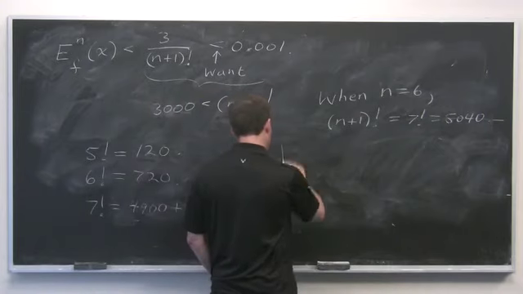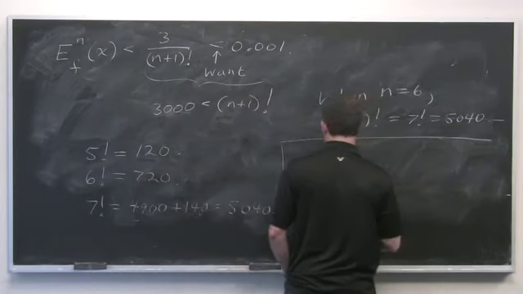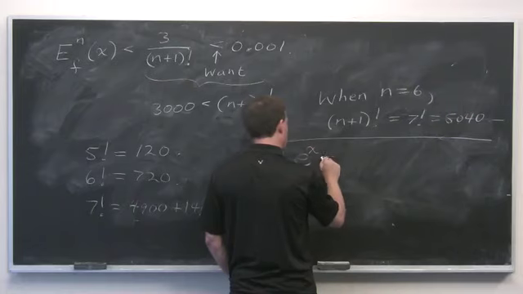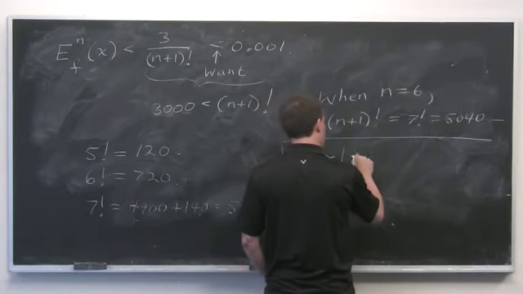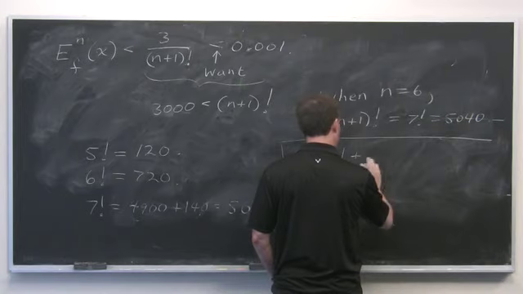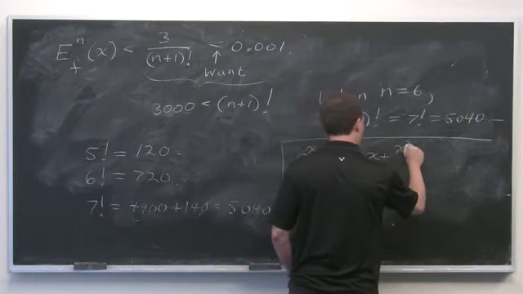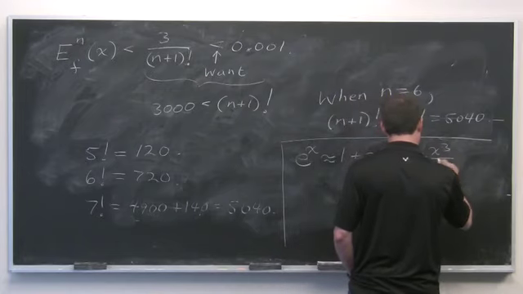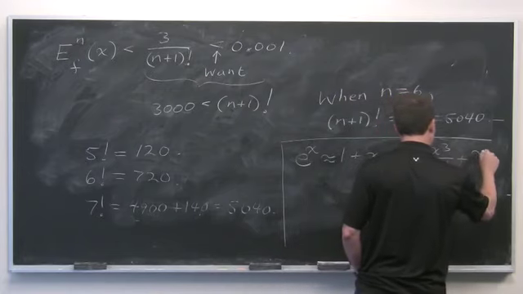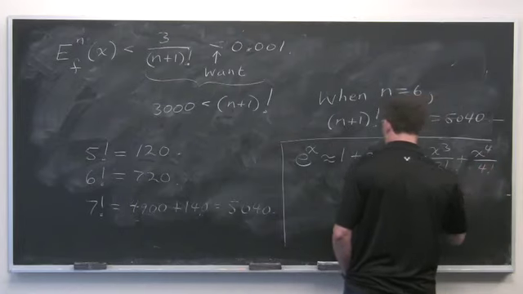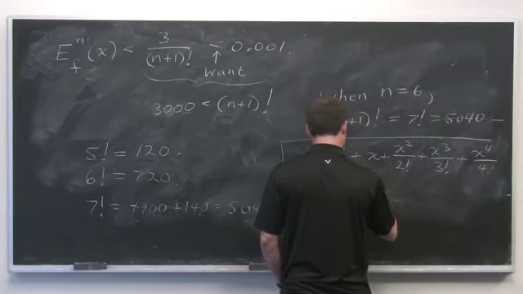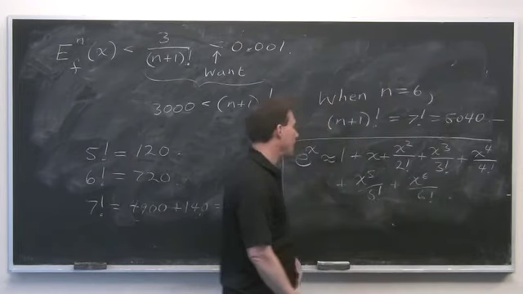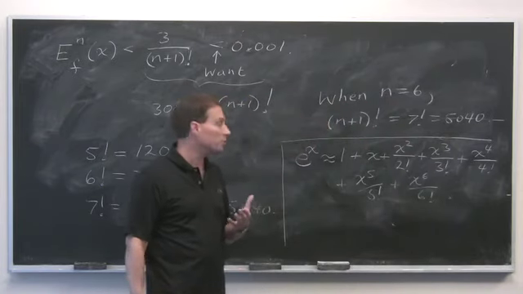So let me summarize what we've just said: e to the x is approximately the 6th order Taylor polynomial centered at 0, so Maclaurin polynomial. It's approximately that, and we can say something about how good this approximation is.